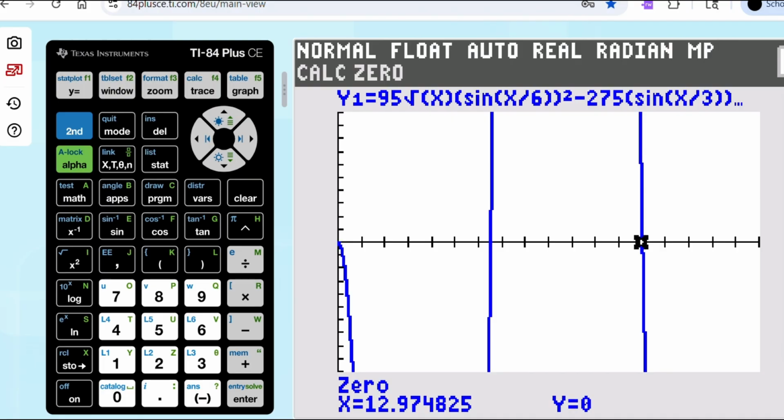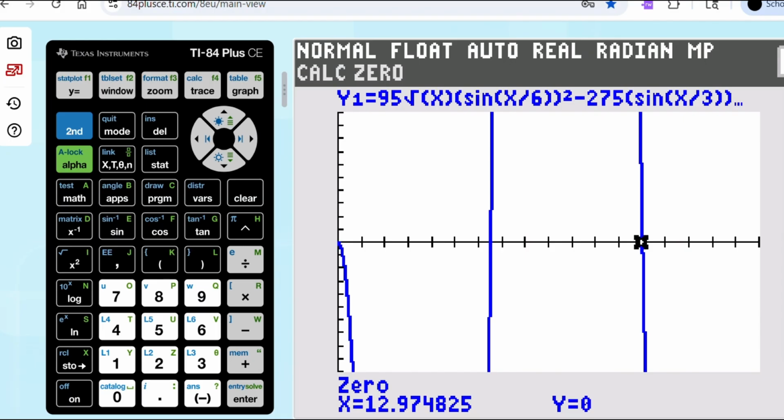But then after that, on that second interval from the 6.4 value to the 12.9 value, our derivative here is positive, right? It's above the x-axis, which means that at the end of that, we're going to have a maximum, right? When the derivative goes from positive to negative, 12.974825. And we're also going to have a maximum at t equals 0.